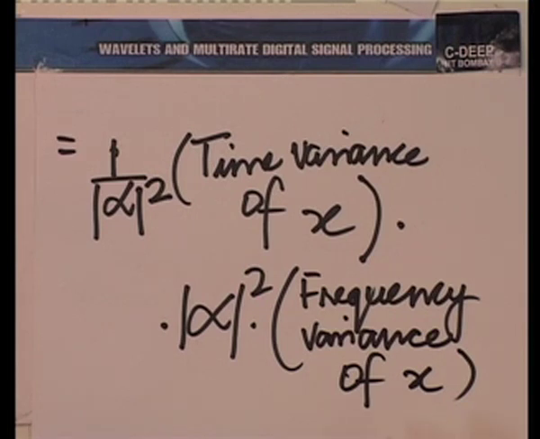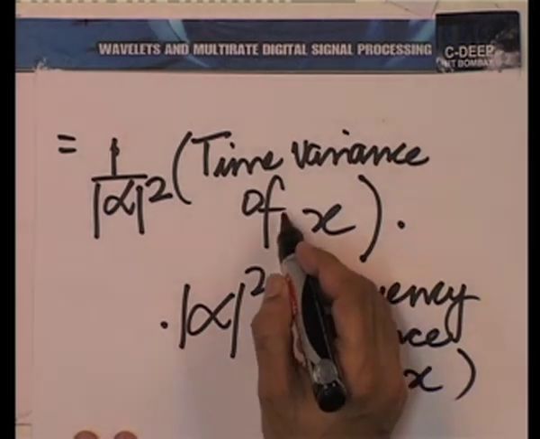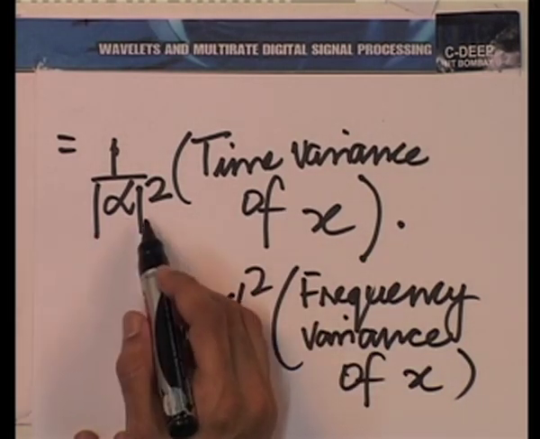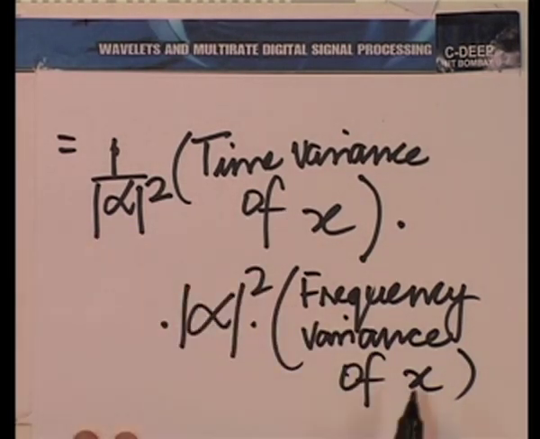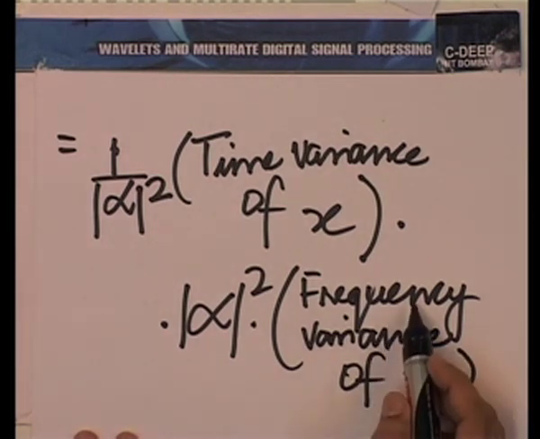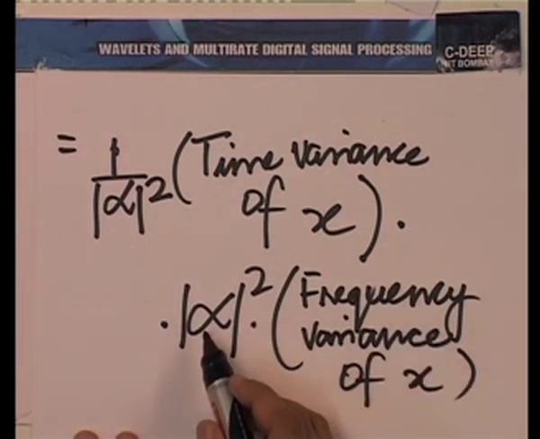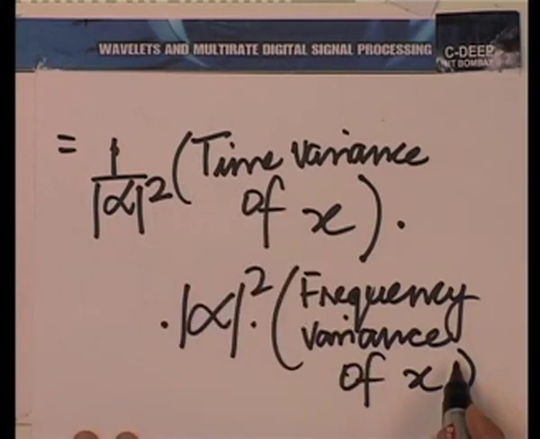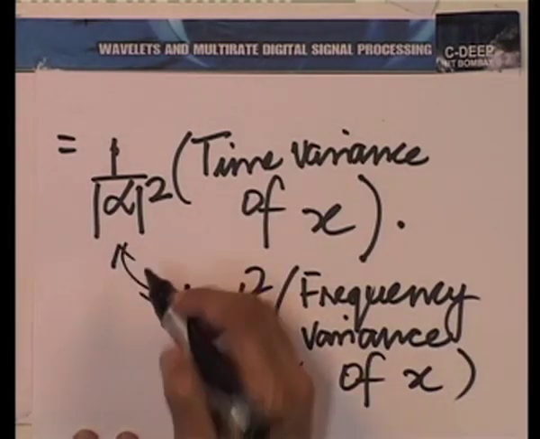That is very interesting. The time variance is multiplied by 1 by mod alpha squared, and the frequency variance is multiplied by mod alpha squared. So, when you take a product, these two cancel.